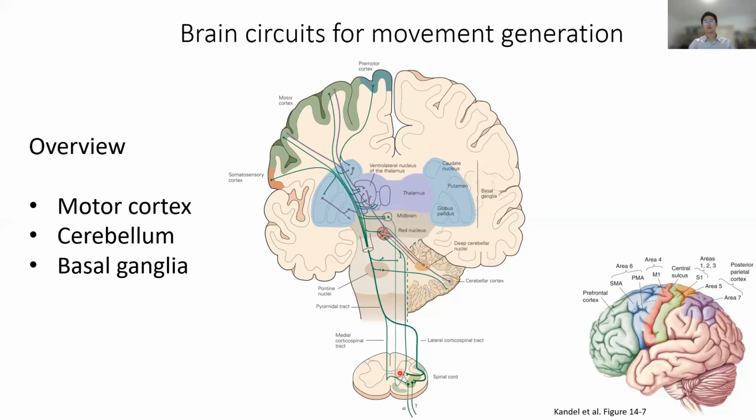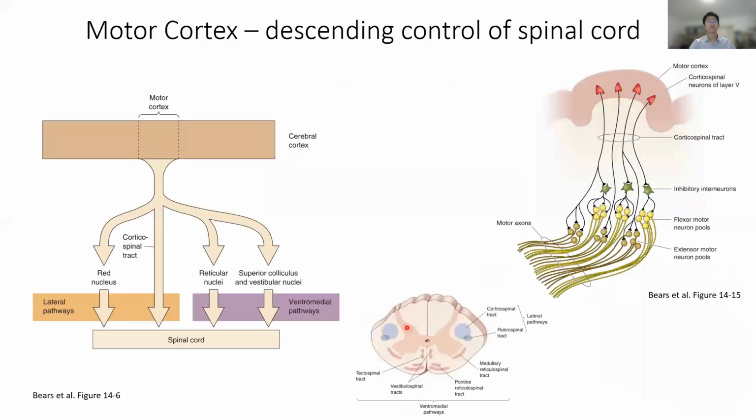So I will first start with the motor cortex. Here we show the connection of the motor cortex with the lower level, the spinal cord. There's a direct connection from the neurons located in motor cortex, and they send axons to synapse in the spinal cord.